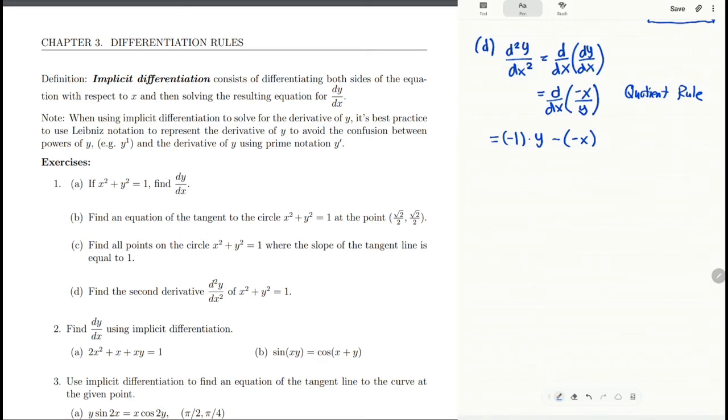So the derivative of y with respect to x is dy over dx. And this is all divided by y squared. So now let's simplify. We have negative y plus x times dy over dx all over y squared.